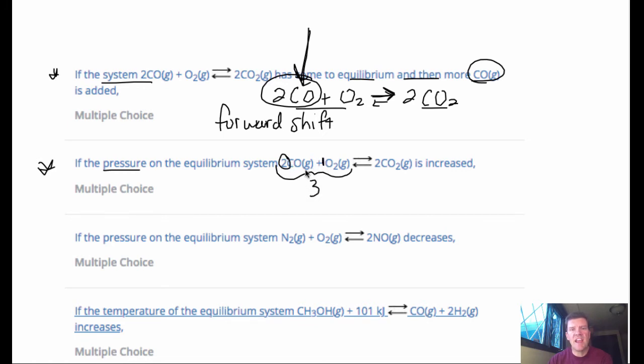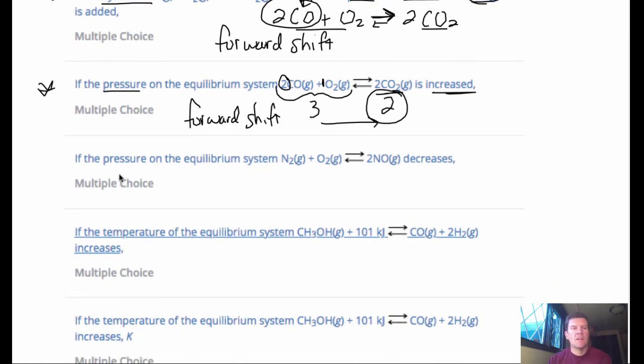Just look at the coefficients. Add up all the coefficients. Over here, you just have one product. You have 2. So which side is going to have fewer total particles? The product side. So if you increase the pressure, it's going to shift to produce fewer particles and relieve some of that pressure. It is going to have, again, a forward shift. And then it'll go back to equilibrium.